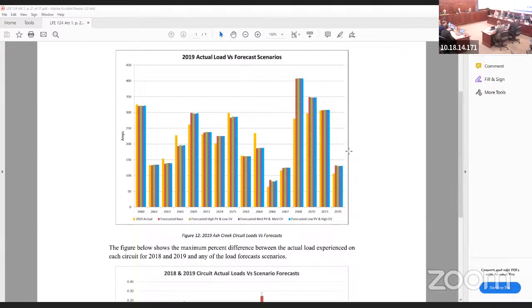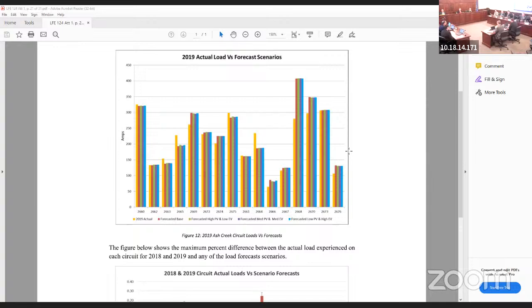Okay. So this is for year 2019, and the prior page has 2018.